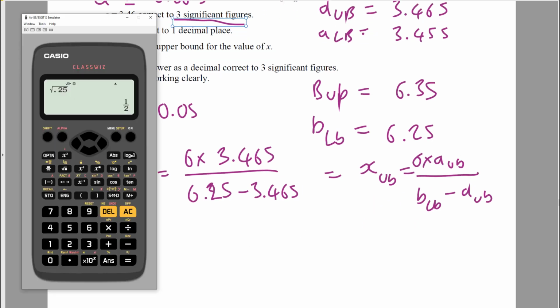Let's do that on the calculator now. Let's use this button so we don't get any BIDMAS errors. Do always check if your answer makes sense. Correct to three significant figures, so that's 7.46.